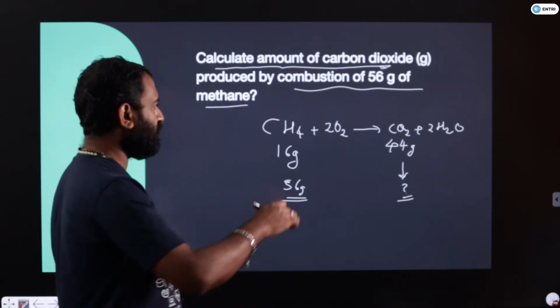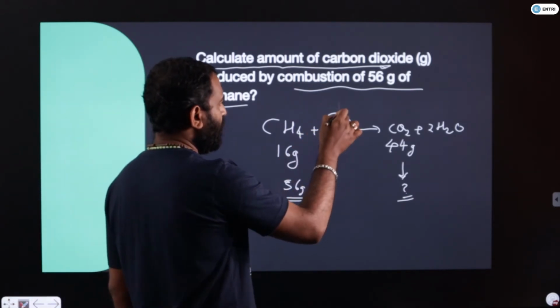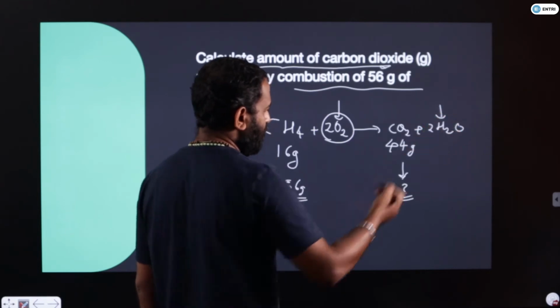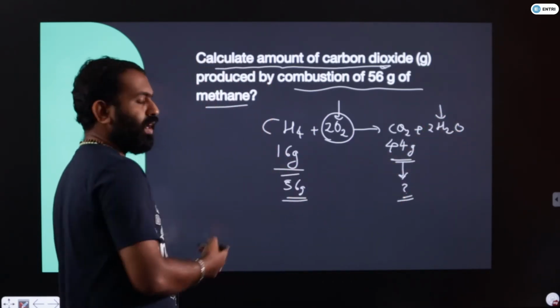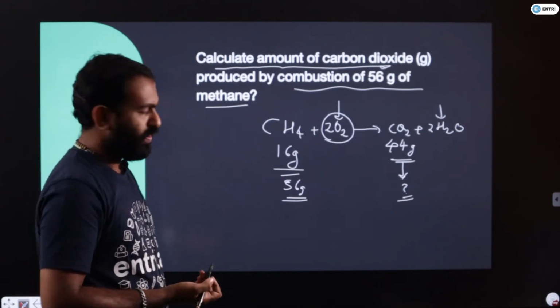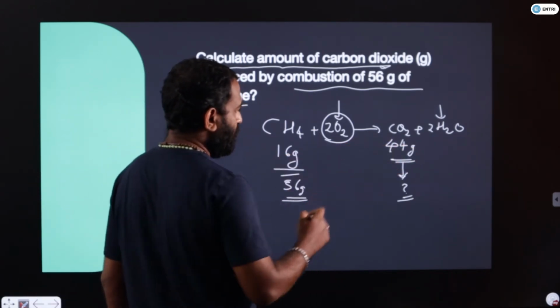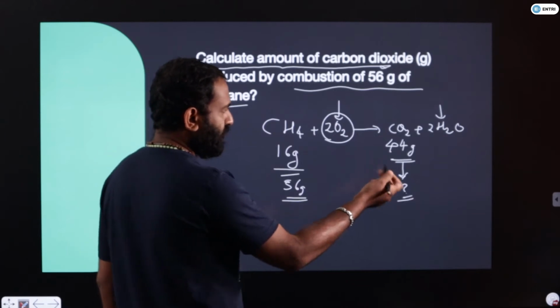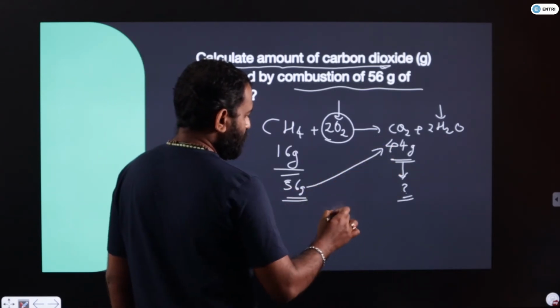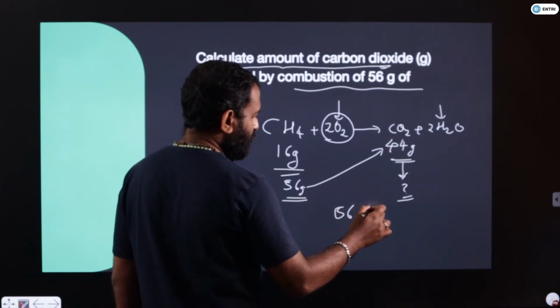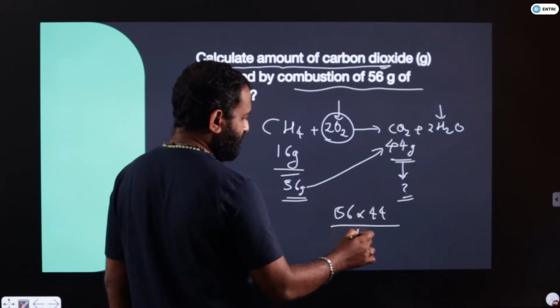Okay, we don't need to waste time calculating the amount of oxygen and the amount of water, because the question is the amount of carbon dioxide based on the amount of methane. So 16 gram methane gives 44 gram carbon dioxide, then 56 gram methane gives how much carbon dioxide? Just cross multiply: 56 into 44 divided by 16.